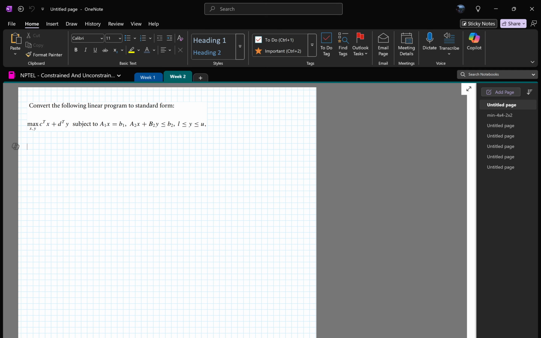So you write code for them so that you don't have to worry about drawing these tables again and again. And in practical scenarios, you have software available where you just need to write the linear program, and it will perform the simplex for you, and it will give you the solution.